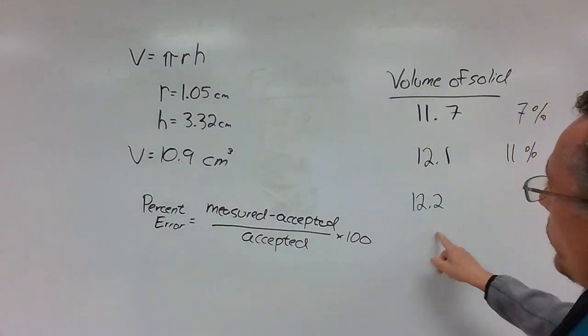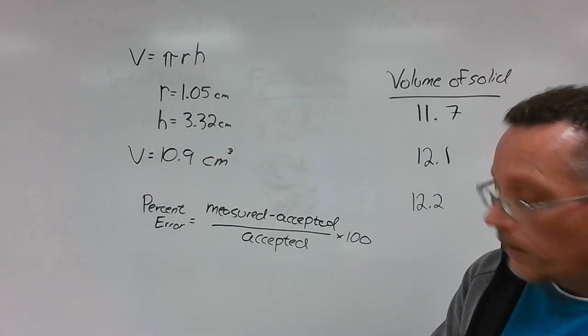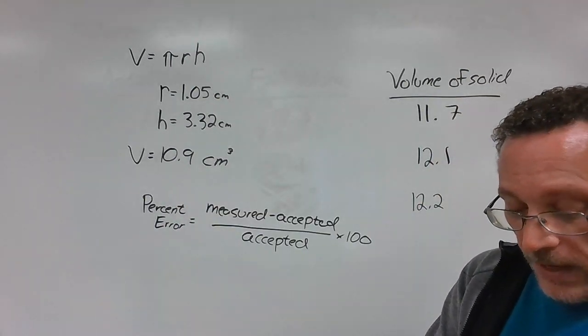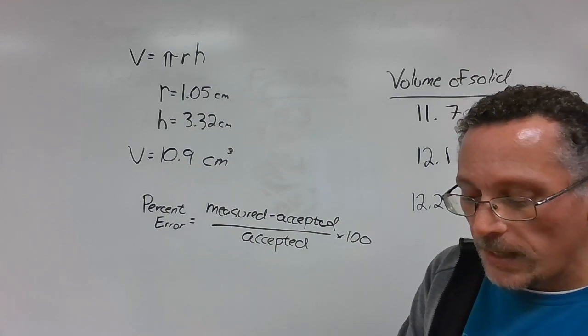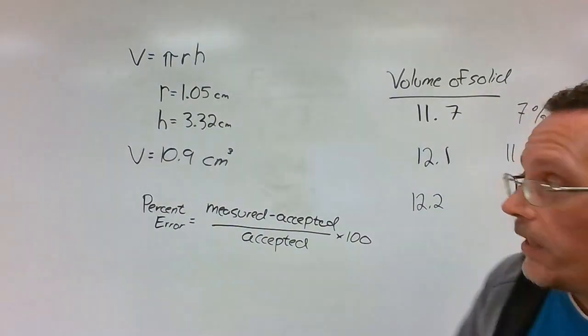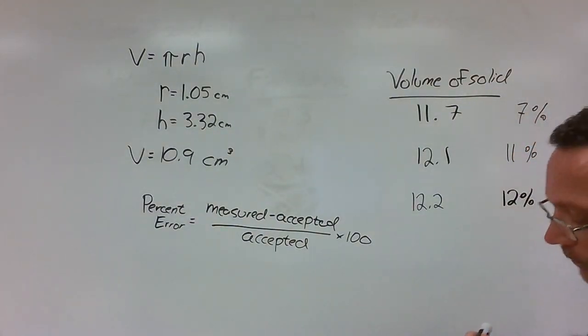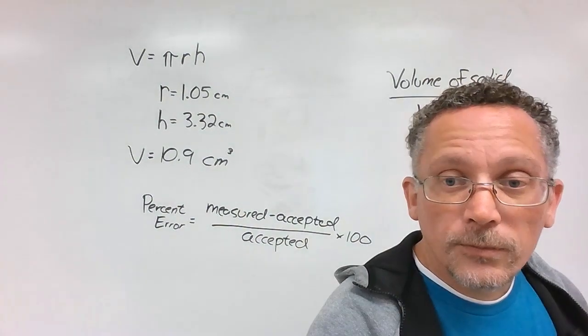And then for the last one here, we have 12.2 minus 10.9, divided by 10.9, times 100. And there we get about 12% error on that one. So there is the second pre-lab question.